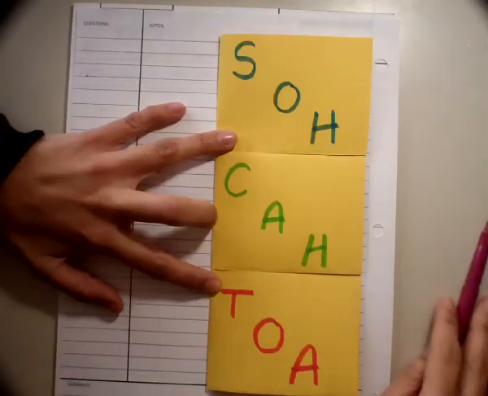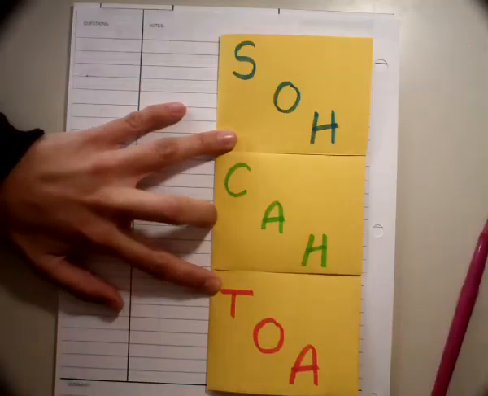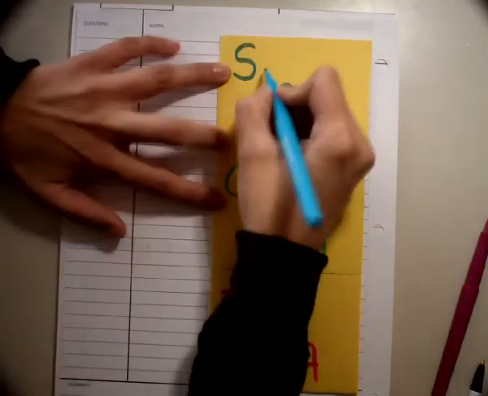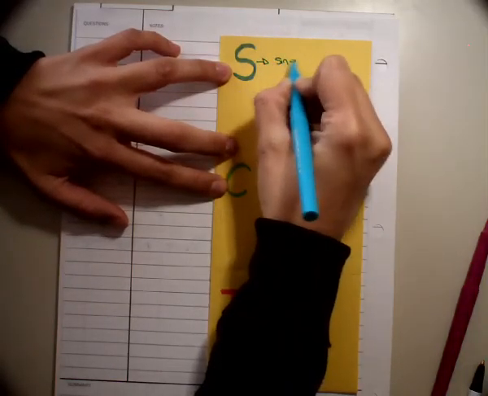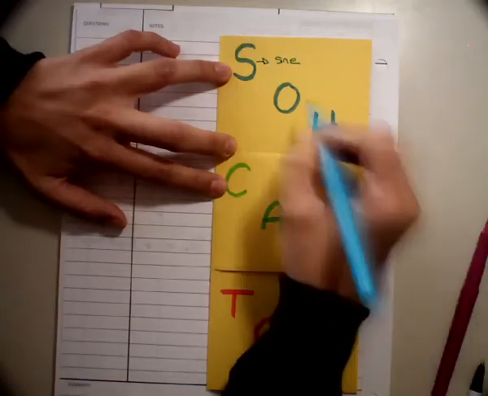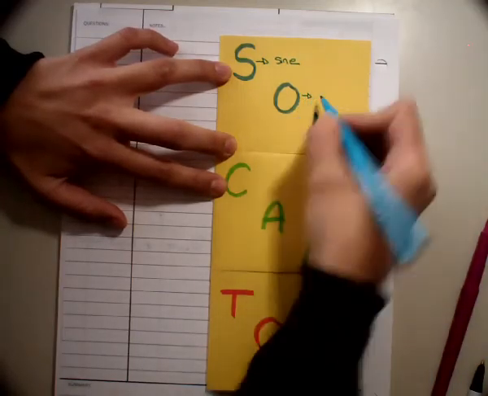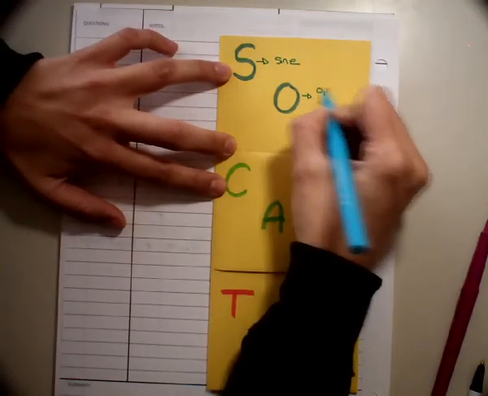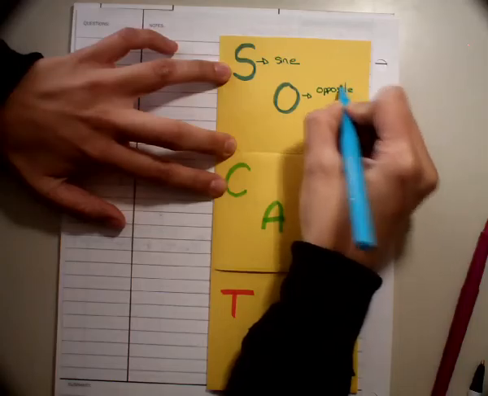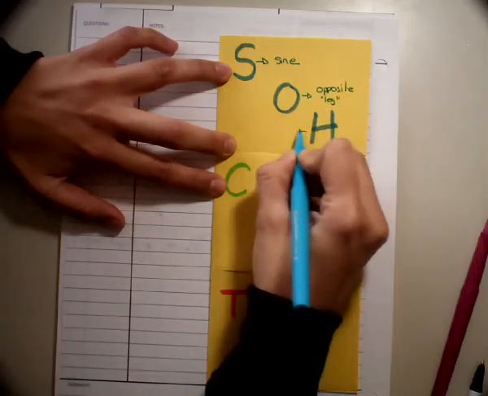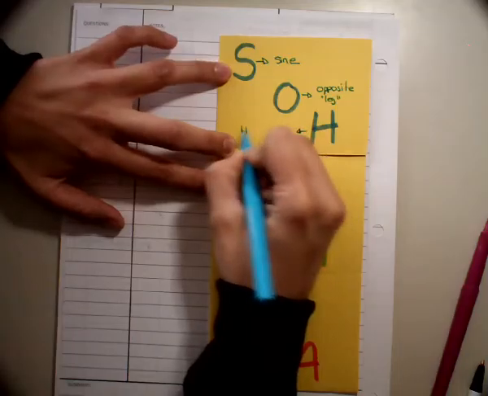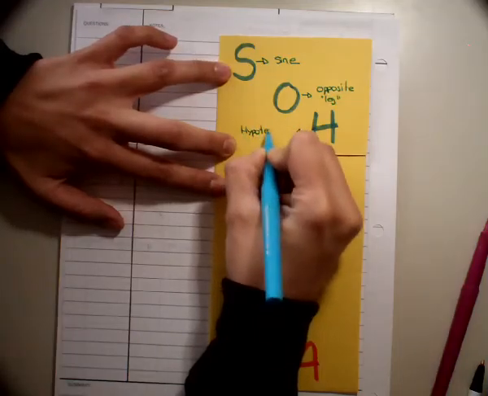We are going to use SOH to define the sine. This S means sine, then this O means opposite leg, and finally, the H means hypotenuse.